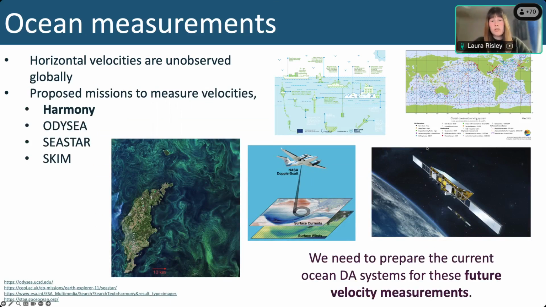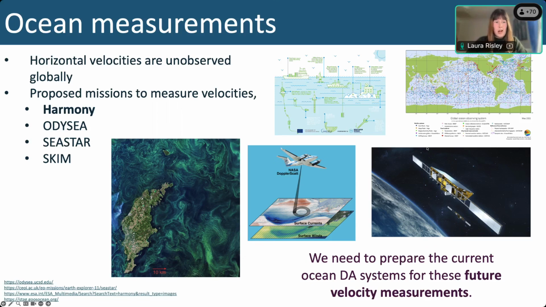Now, if we think about horizontal velocities in particular, these are unobserved globally, but there are sparse observations that come from high-frequency radar and also those drifter velocities, but these are not used in global data assimilation systems. There have been multiple missions proposed to measure these velocities directly, such as Harmony and some other missions.